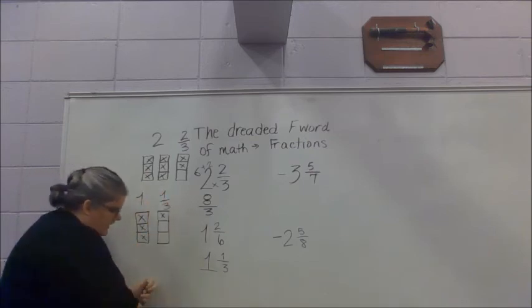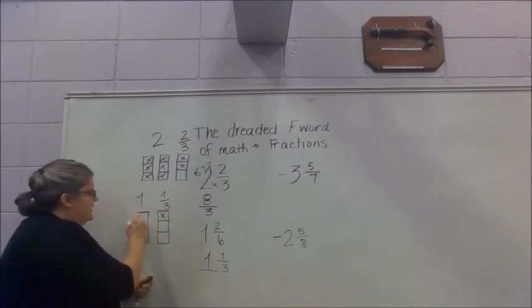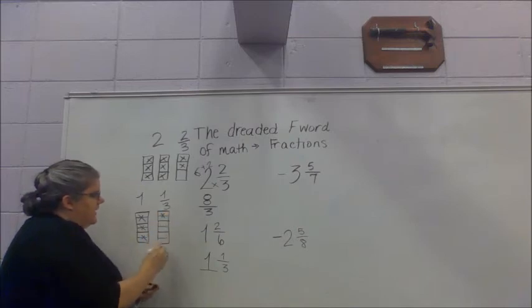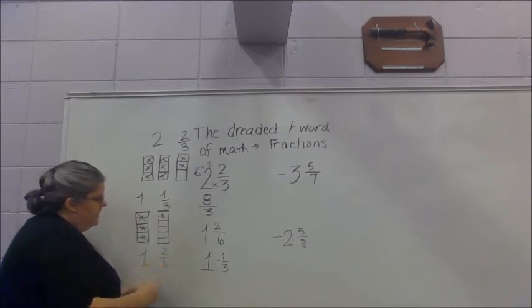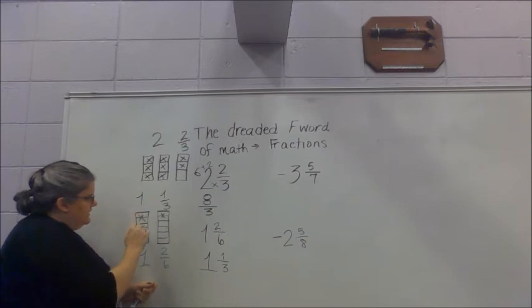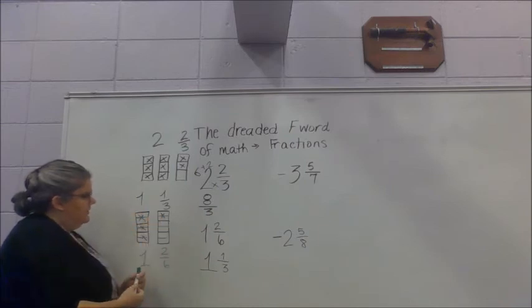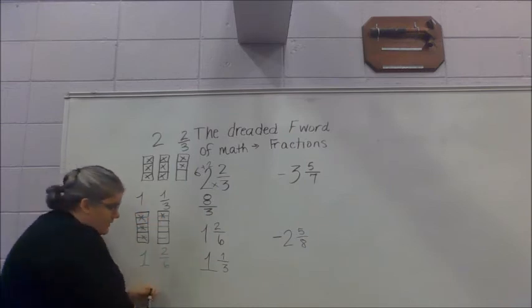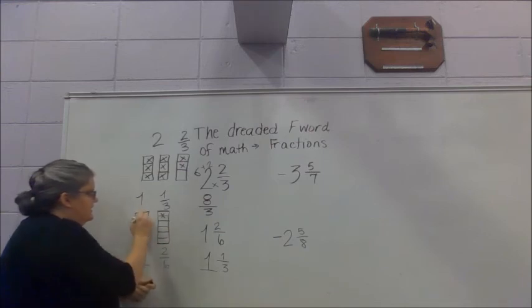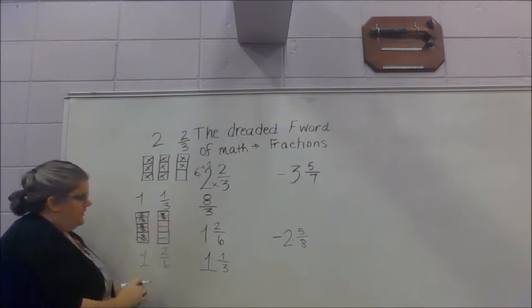But if I go back in here and split these in half, I'm now representing the non-simplified fraction, 1 2/6. But they're the same fraction. These x's were indicative of which thirds I got, so now I just have x's in each of these sixths, and it still is the same amount of cake.